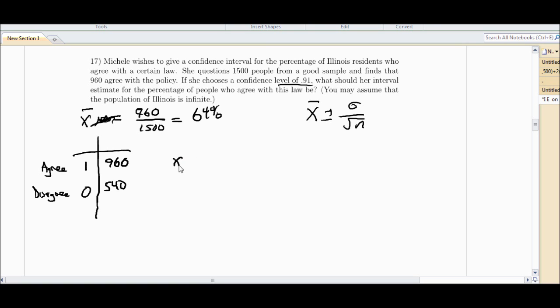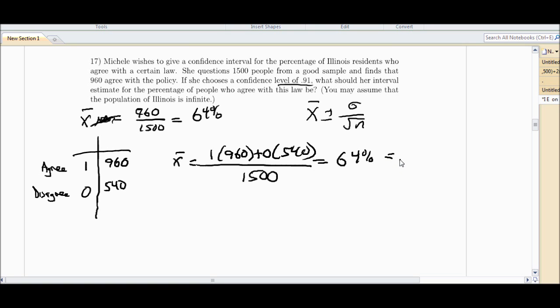Now if you did the mean, which we already figured out, it would be 1 times 960 plus 0 times 540, all over 1500. That's 64%. So I already knew that, which I'll write as a decimal actually.